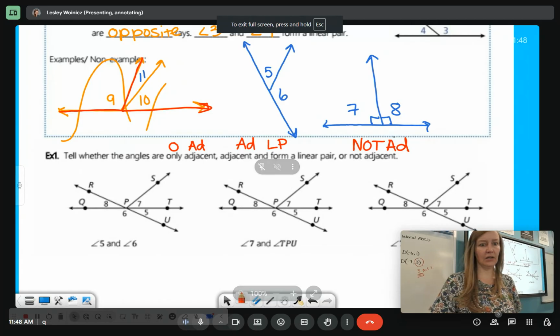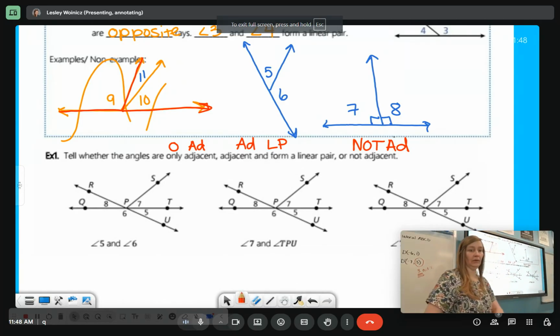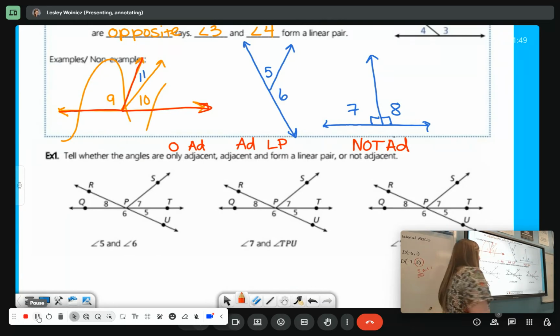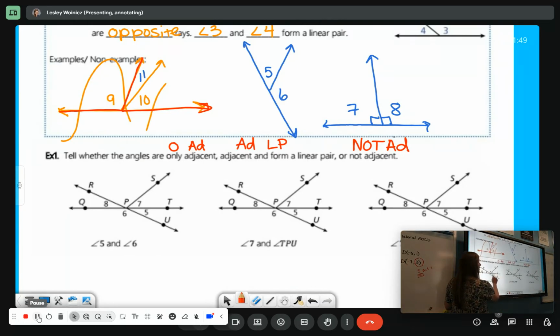Okay, are we ready to talk about them? Not yet. All right, talk to me about 5 and 6. Yes, these are adjacent and they form a linear pair. Okay, what about angle 7 and angle TPU?